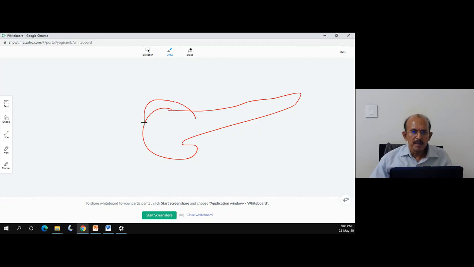There is a pseudopancreatic cyst in the head of the pancreas like this. So this is the pseudopancreatic cyst. And the common bile duct is coming from here. It gets compressed by this cyst.